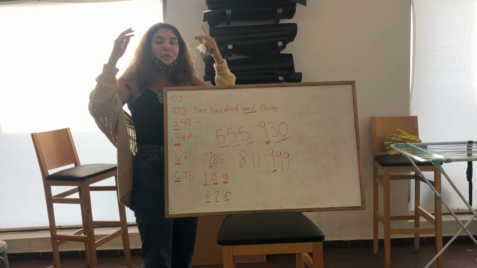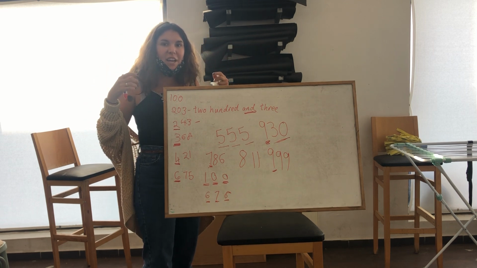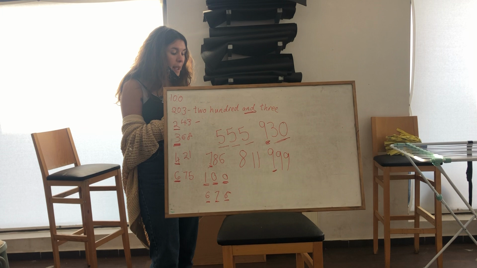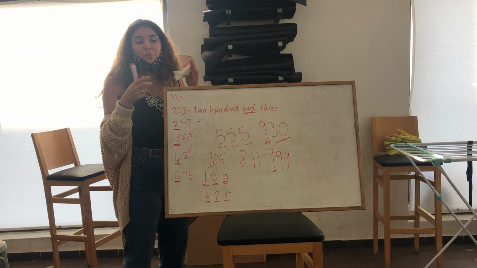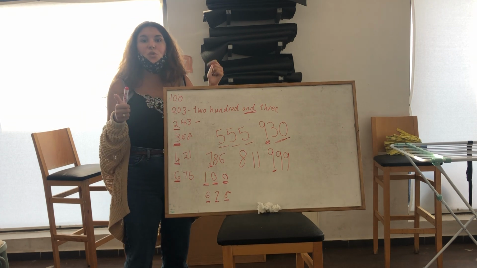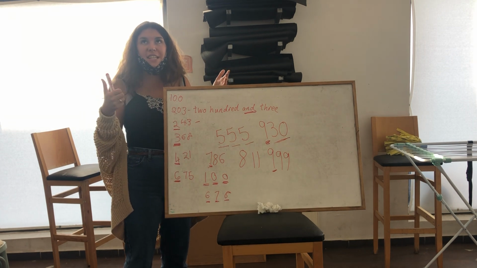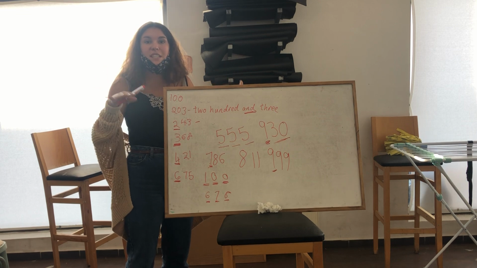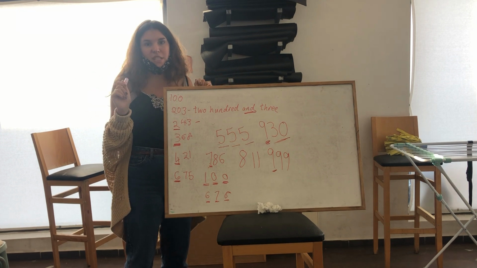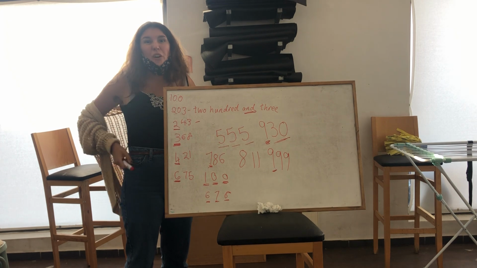It might take you a bit of time and a bit of practice to get there, but always following the same pattern. And really, again, just to say this one more time, once we know the numbers 1, 2, 3, 4, 5, 6, 7, 8, 9, 10, 11, 12, 13, 14, 15, 16, 17, 18, 19, 20, we are halfway there really.